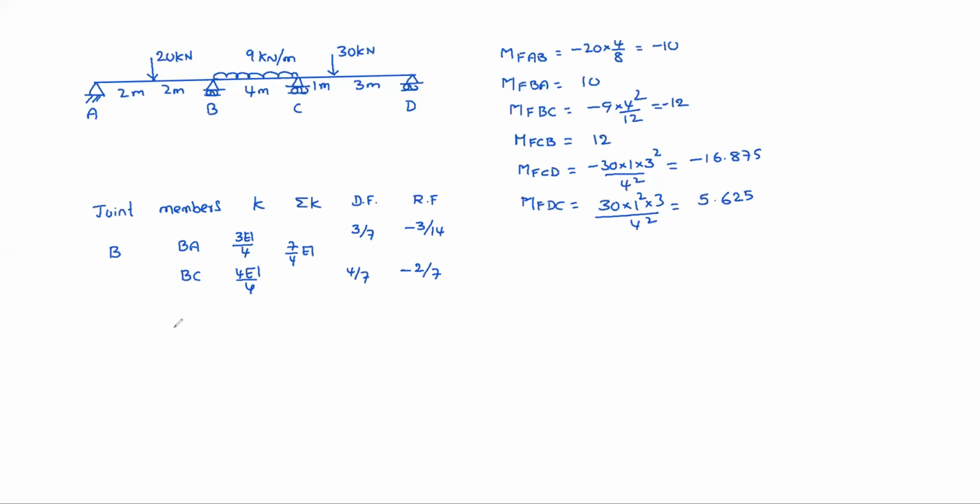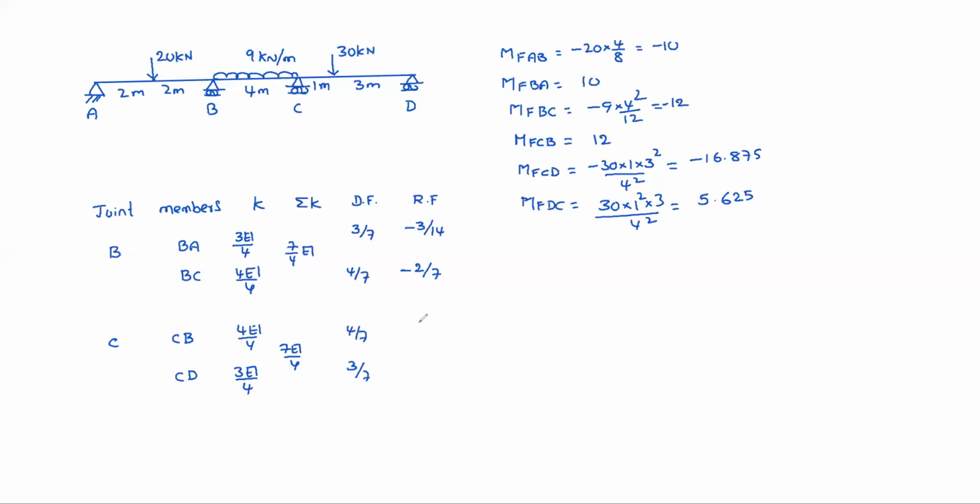Similarly, at joint C, members are CB and CD, 2 members are there. So here 4A by 4, 3A by 4. Total is 7A by 4. So distribution factors are 4 by 7 and 3 by 7.